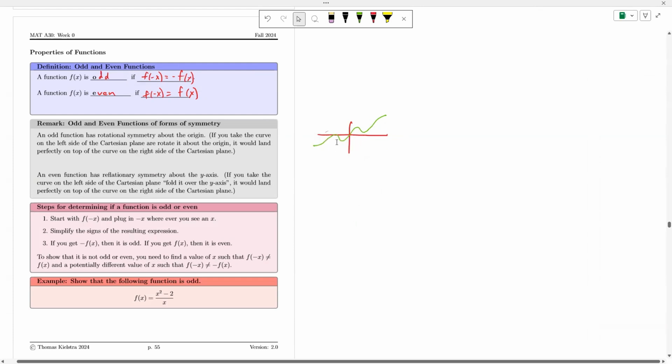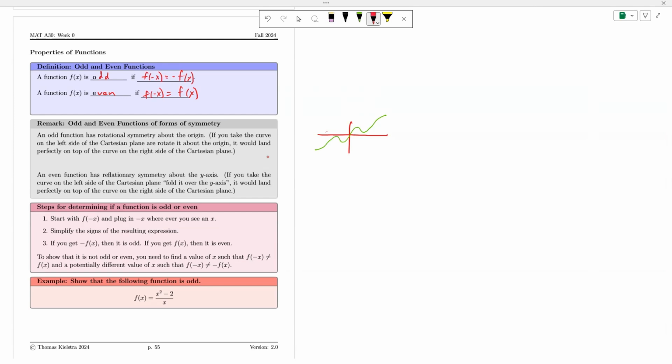It's not quite rotated properly, I've got to move it down a little bit. It's not perfect, but you guys get the idea. Let's see if we can rotate it to make it a little bit better. That's better. This would be an odd function. It's rotationally symmetric. Now, an even function has reflective symmetry about the y-axis.